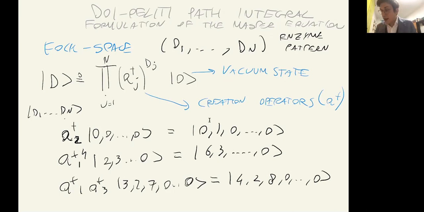Now, as you can see, if you write this down explicitly, that's why it's the definition, let's imagine we apply a dagger 1 to the power d1 times a dagger 2 to the power d2 over 0. As you can see, we increase by d1 the value of index 1 that was 0 because it was the vacuum state, so it will become d1.